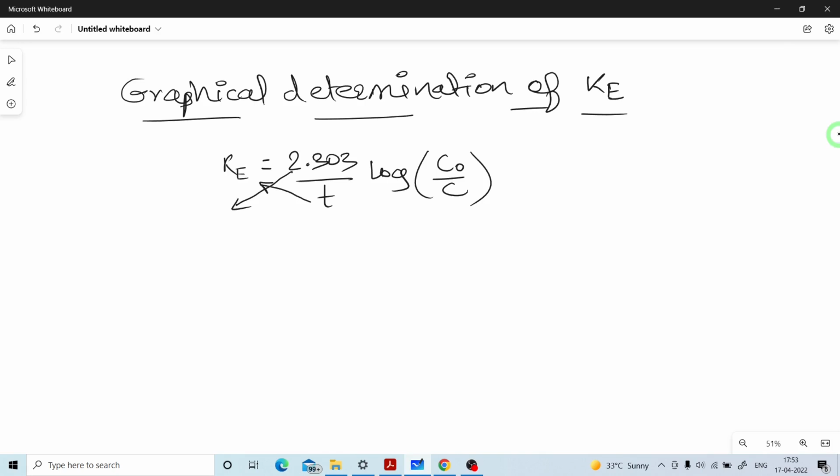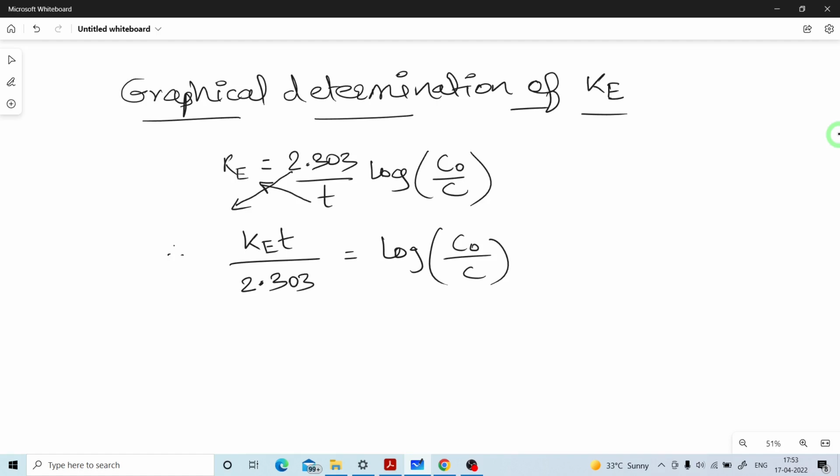So if I rearrange the things, then I will get the equation Ke t upon 2.303 is equal to log of C0 upon C. Now, whatever this logarithmic term is there, I'm going to re-simplify it.